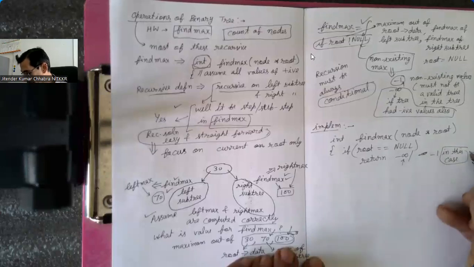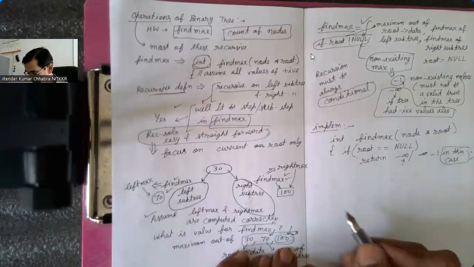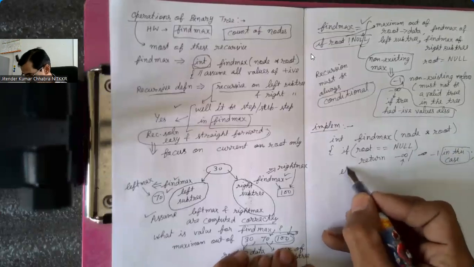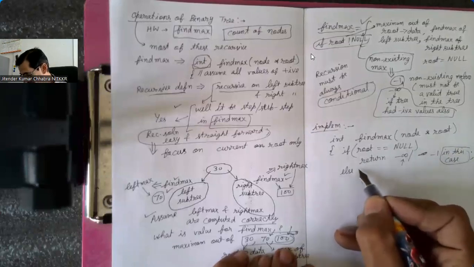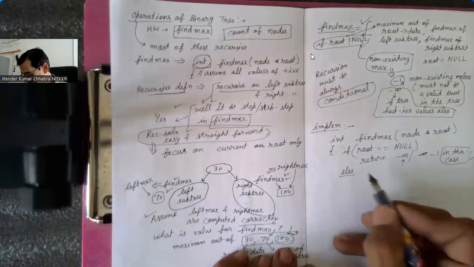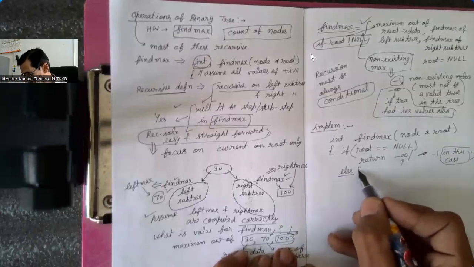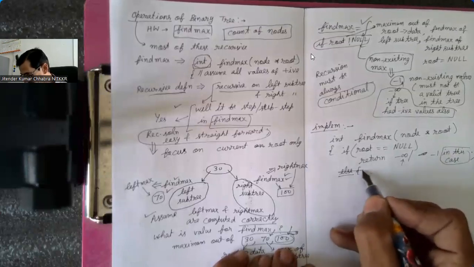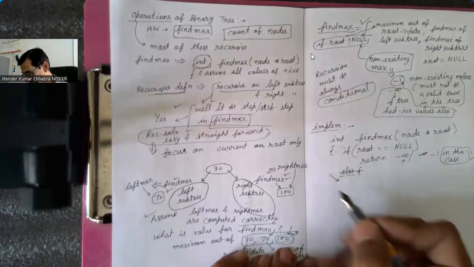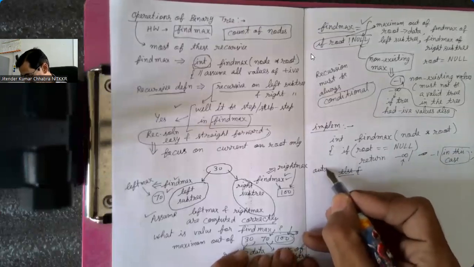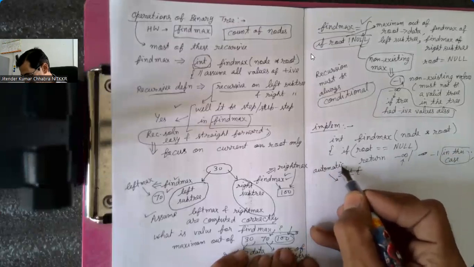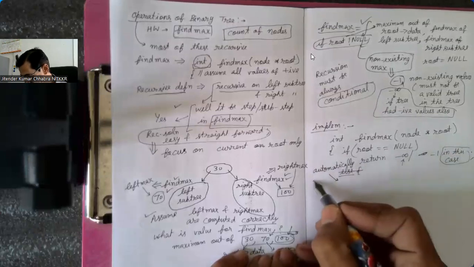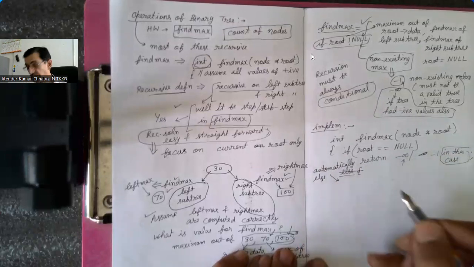And instead of infinity, you can have some suitable value. Else. Whether you write else or you don't write else, one and the same thing. So writing else might be useful. If you want to write else, you can put a bracket. Even if you don't write, it still automatically means else, because once return is executed it will stop.